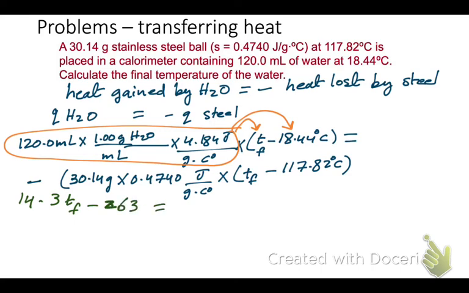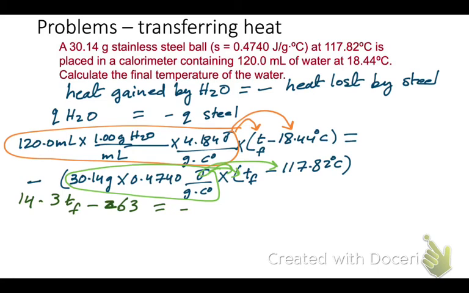Now you have the negative sign, and you're going to do the same thing for the other part. So you're going to multiply these numbers and distribute them for TF and negative 117.82. So let's do this.